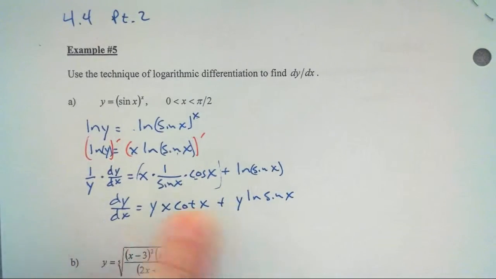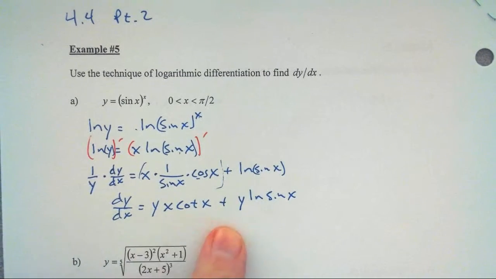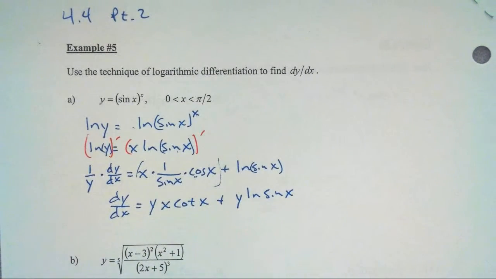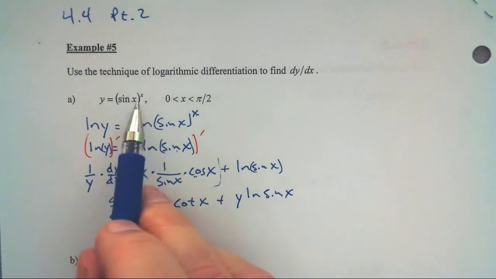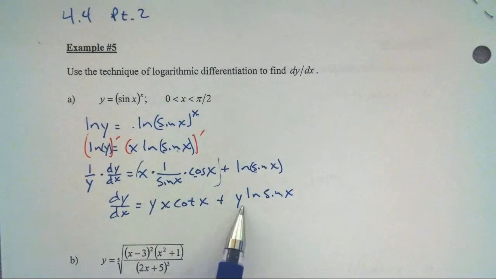There's my derivative, but I got these y's in there. And if I could replace those y's, that would be optimal, because I would rather not have to, let's say I'm trying to find the tangent line of this at the value of x equals 3, whatever, 3 radians, I guess. So I'd have to put 3 in here, 3 in here, 3 in here. Oh, now I got to go back and put 3 in here and figure out what goes here.